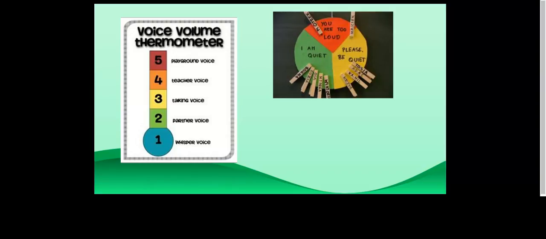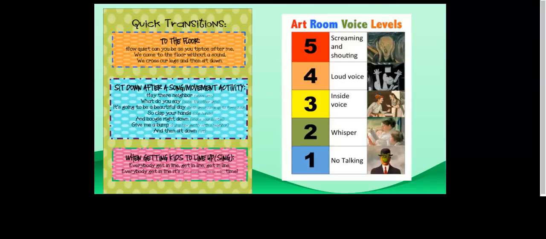This again would eliminate the need for a verbal reminder by just going over and moving an individual student's clip to let them know, please be quiet or you're too loud, but also allow them to know if they're in the just right zone of I'm quiet.